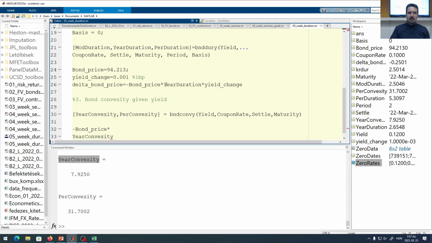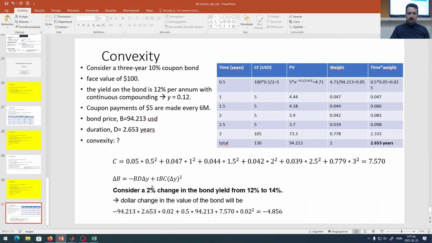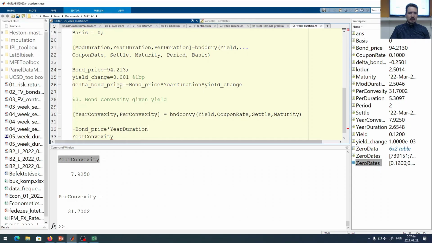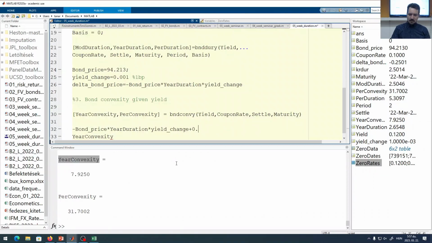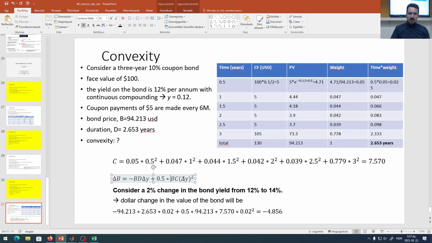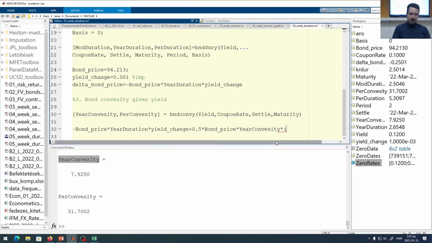So year duration, and then the delta, so the year change, plus, this is not t, this is 0.5, and then the bond price again, multiplied by the convexity, and then you change on squares.